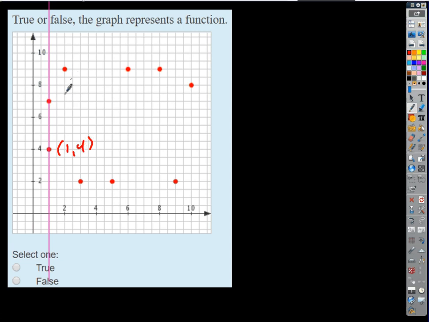How about this one right here? (1, 7). See the problem. An input value of 1 gave us back 2 output values. And the graphical consequence of that, if we violate the vertical line test like that, is that I get 2 points that line up vertically. They have the same x values but different y values. So that fails the test, it's not a function.